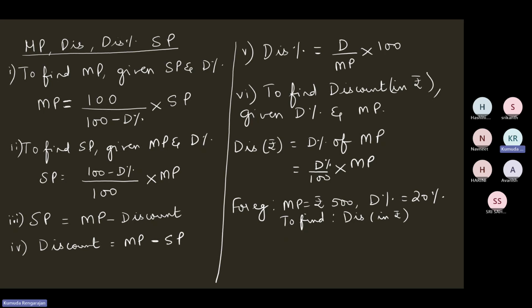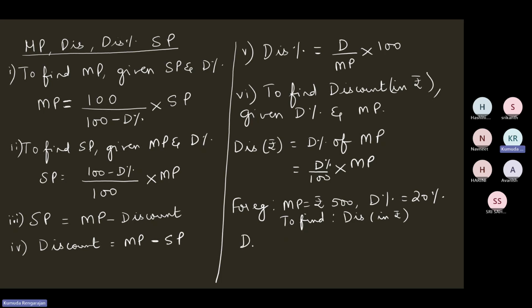Mark price is 500, and he says discount percent is 20%. But we don't understand what 20% means, how much less. To understand that, you need to find discount in rupees.